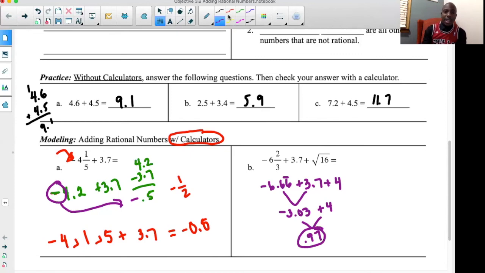This is us doing it by hand, but like I said, this worksheet we should be able to fly through, being able to just use the calculator. You should be able to just type it in, doing negative 6, ABC 2, ABC 3, plus 3.7, plus square root of 16.